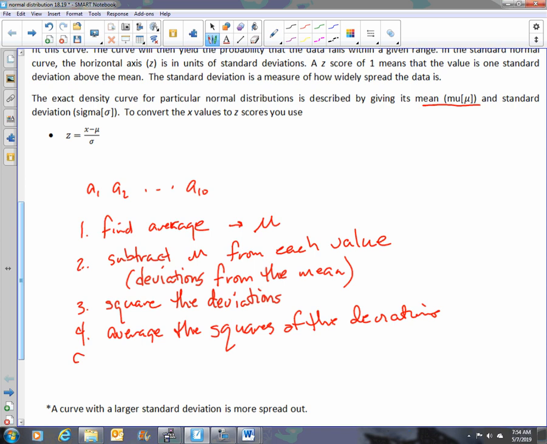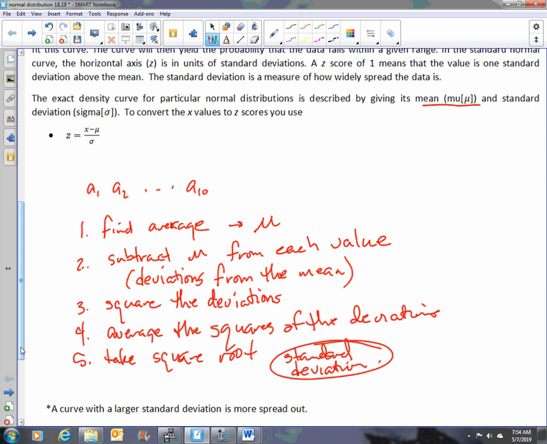And then step 5, you take the square root. And that would be the standard deviation.